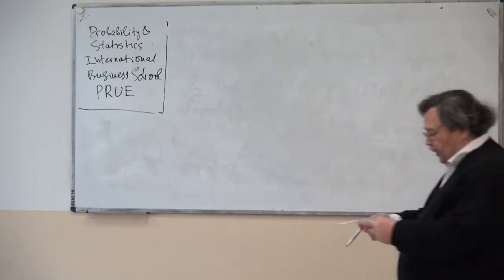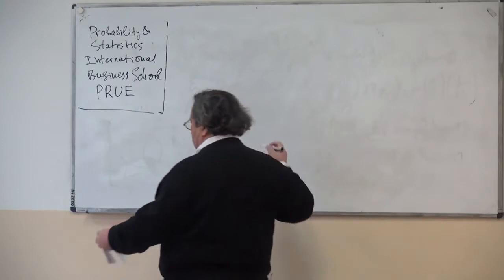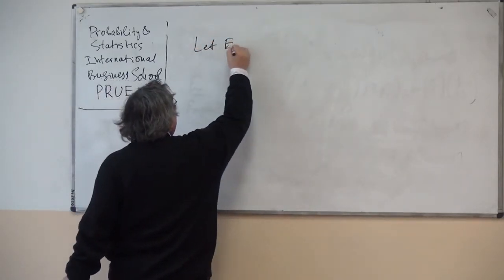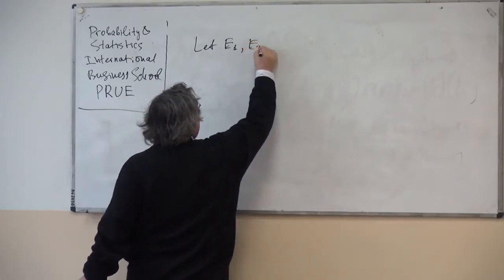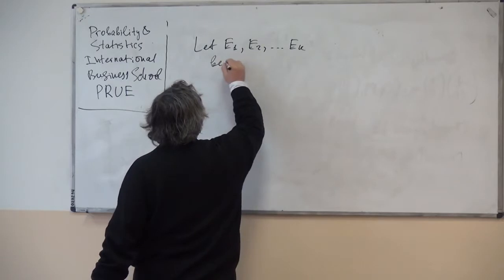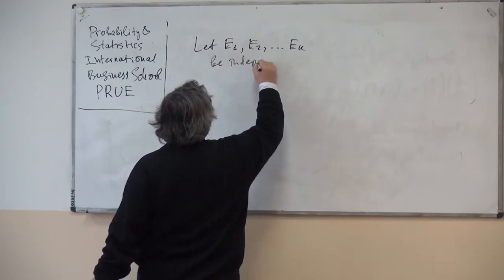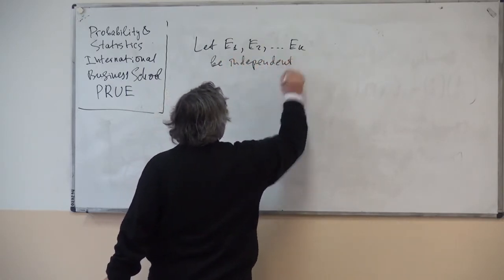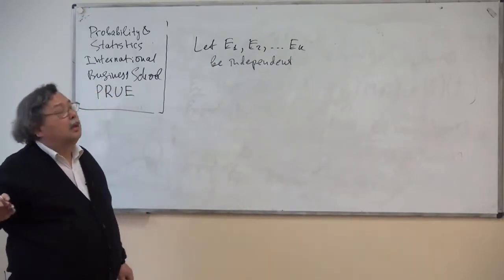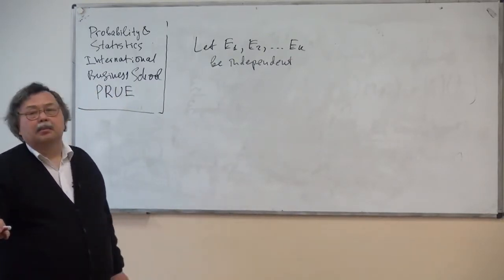Now, suppose a certain number of events, E sub 1, E sub 2, up to E sub k are independent.